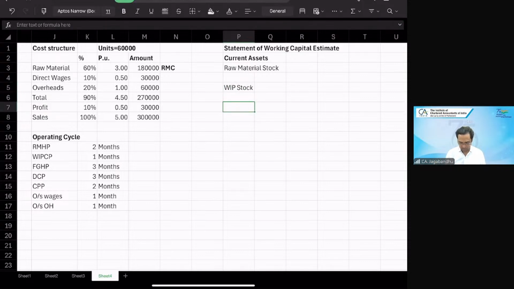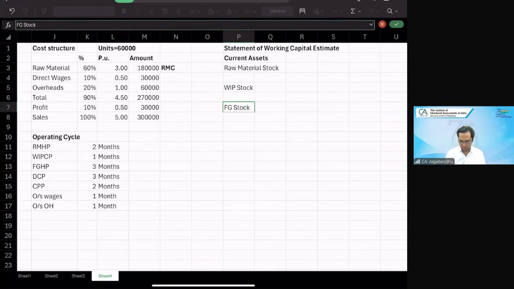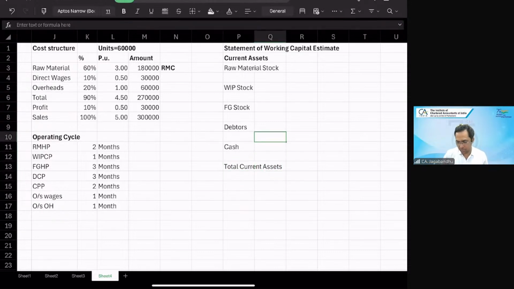Then we have finished goods stock. Then we have debtors. We'll also have the cash balance, which will give us total current assets. Okay, so let's do it one by one.